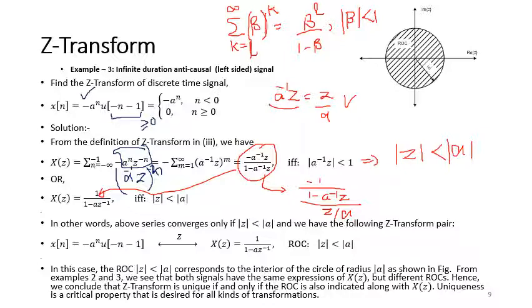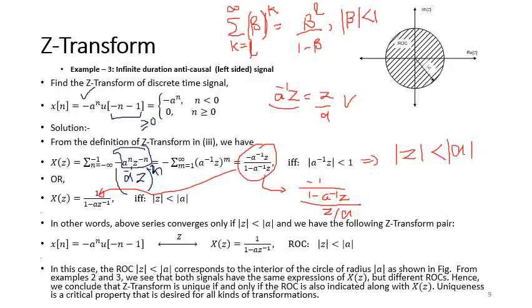So this is basically z over a divided by 1 minus a inverse of z. So z over a can be brought here, so that becomes a division. We have minus 1 over 1 minus z inverse, a inverse z over a.